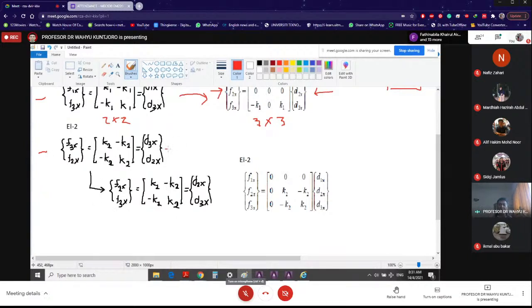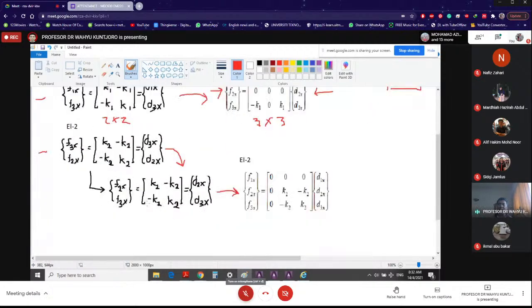So we rearrange, and it becomes what we have at the bottom here. Make sure that you know how to do matrix rearrangement from 3, 2 into 2, 3 as what we have here. Once you have rearranged your matrix, you can expand from 2 by 2 into 3 by 3.